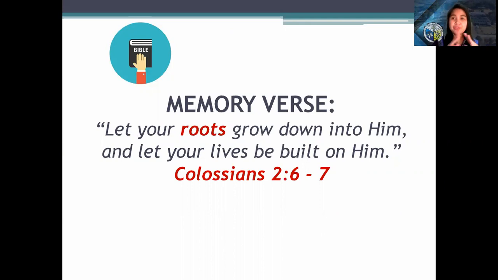Remember, for this chapter and these past lessons, we've been talking about roots, like finding the roots of quadratic equations. But let's also remember that in our spiritual journey, our roots must always be anchored in Christ.